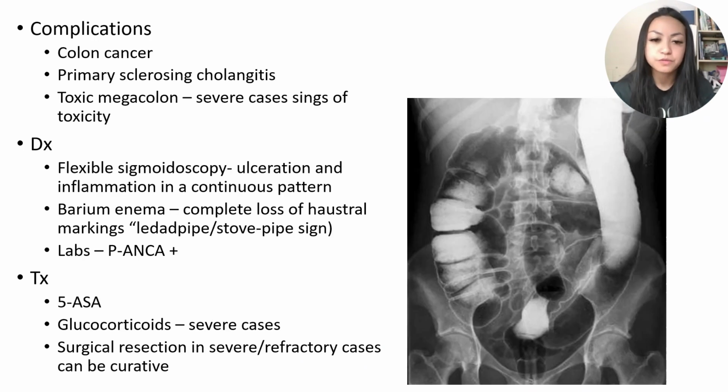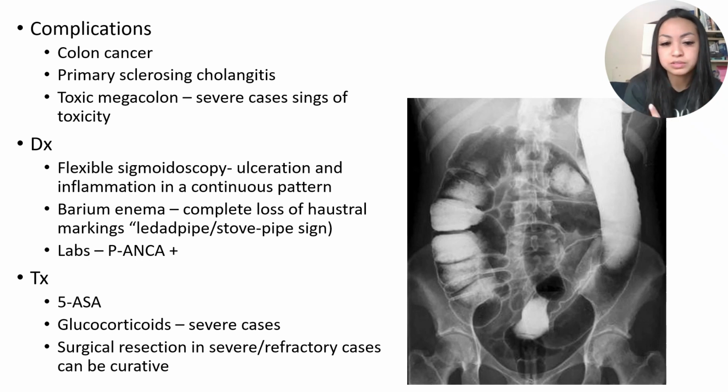In terms of complications for ulcerative colitis, it's a risk factor for colon cancer because of this repeated inflammation in the colon. It can lead to primary sclerosing cholangitis, which we will discuss at a later date for the GI topics. It's also a risk factor for toxic megacolon.